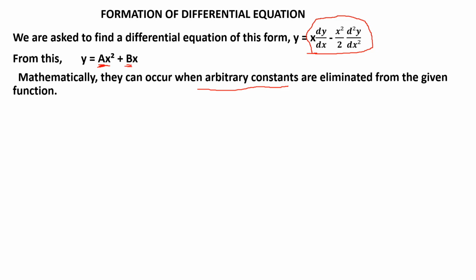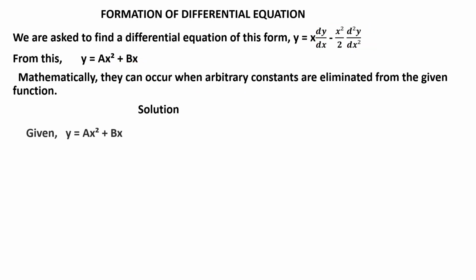Then there are some things that are also present in the equation, like the dy dx. Here you can see that is there, so we need to get our dy dx. We need to get the d squared y over dx squared, so we need to get it from this equation. Okay, so we proceed. Given that y equals ax squared plus bx, as I've said, we need to eliminate this a and b.